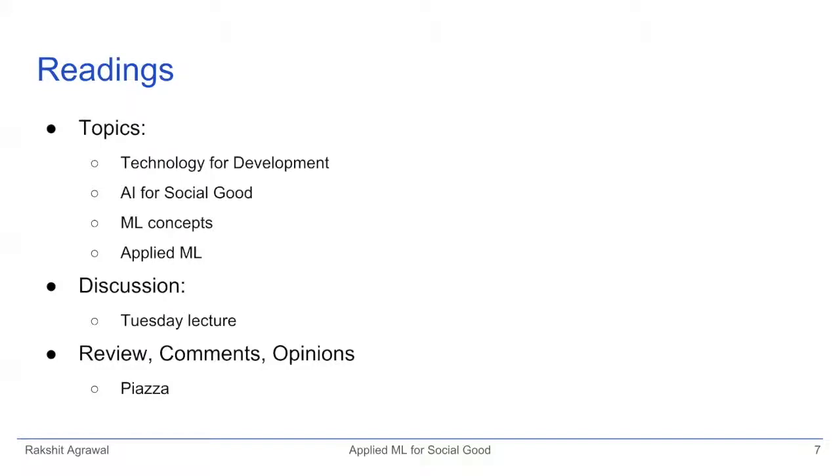The same would happen on Piazza, where I would want everyone to submit some review. It doesn't have to be a full lit review. Some review on what the paper talks about, some comments and opinions. For example, if they are using something, do you have any idea how we can take advantage of that particular concept, or how we can improve it, or any opinion around that?